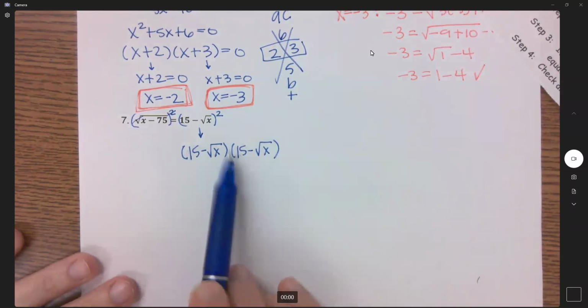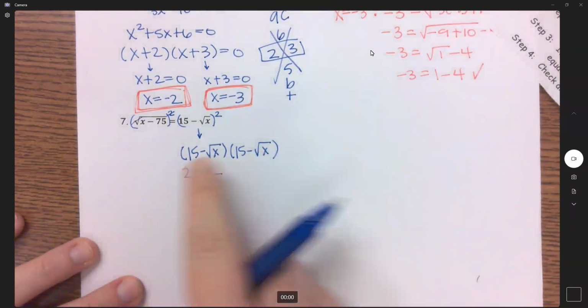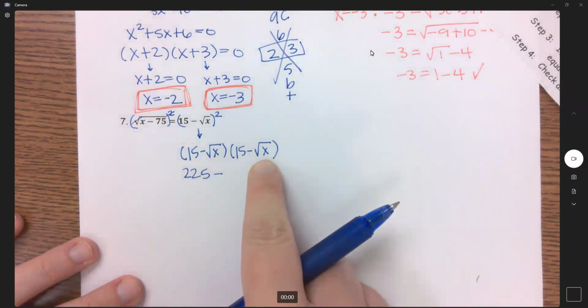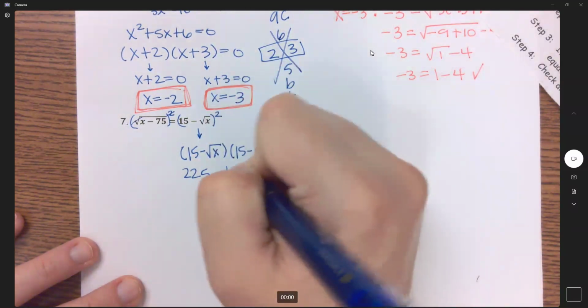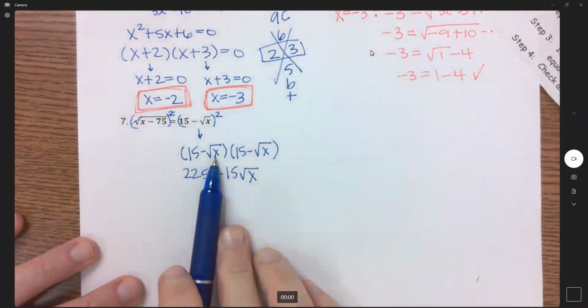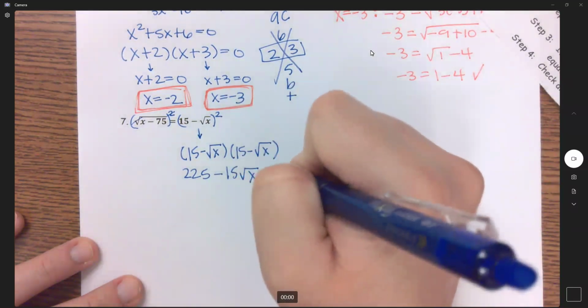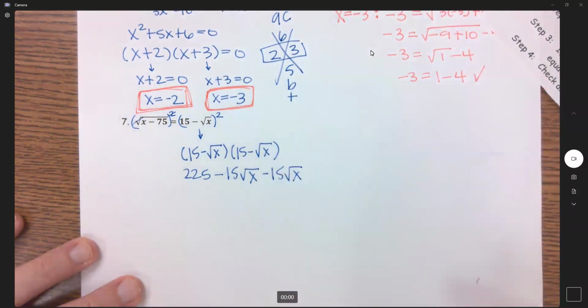So 15 times 15 is 225. 15 times a negative square root of x is negative 15 square root x. Negative square root of x times 15 is another negative 15 square root x.